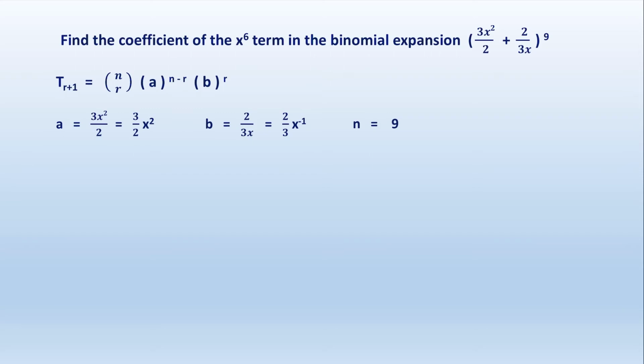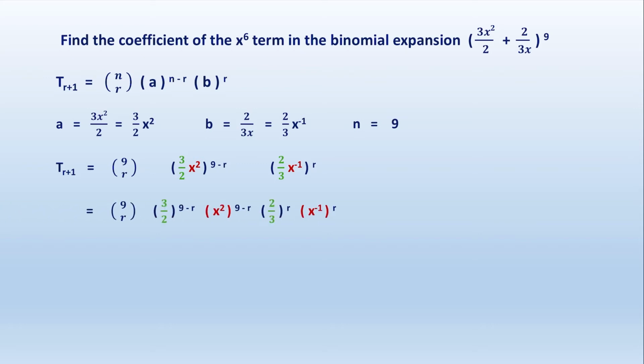Now, we can substitute all these terms pertaining to this specific question into the general term formula. So we have term r + 1 equals 9Cr (3/2 x squared) to the power of 9 minus r, and (2/3 x to the power of -1) to the power of r.